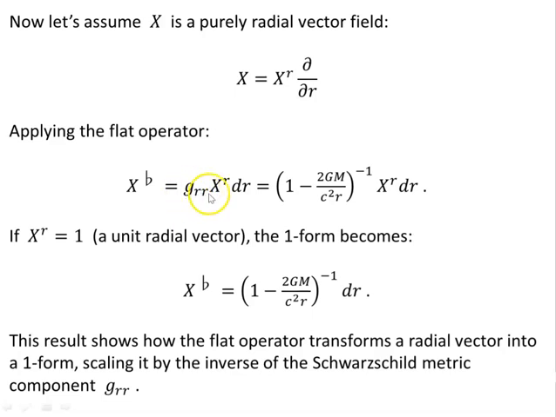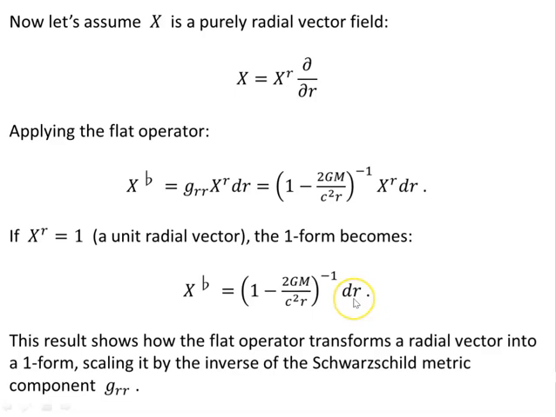So it's grr, the covariant rank 2 component, times xr dr, and that component grr is given by this. Now, just for the sake of it, let's say xr is equal to 1, again simplifying just to demonstrate a point. We could have had 1 up here, a unit radial vector. The 1-form x flat becomes just this grr component times the basis 1-form dr.